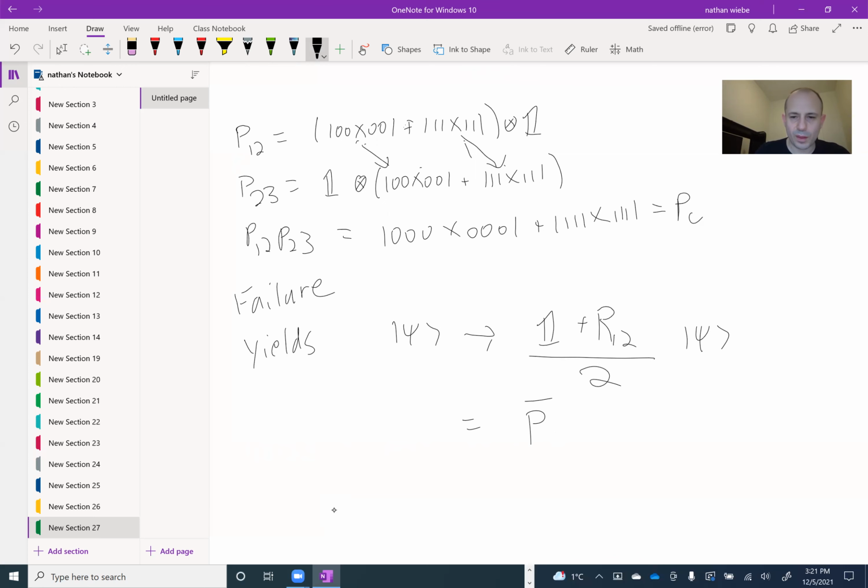This is the orthogonal complement of P12 acting on psi.